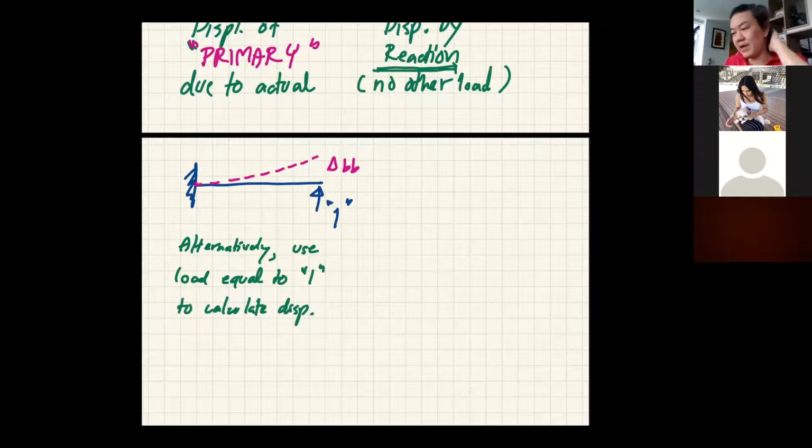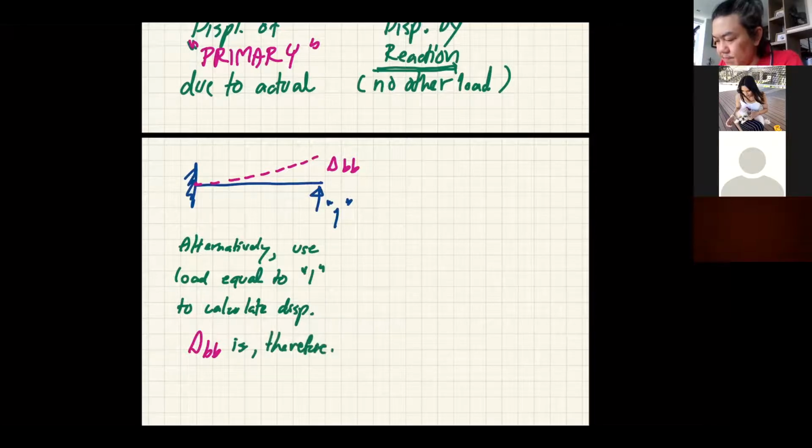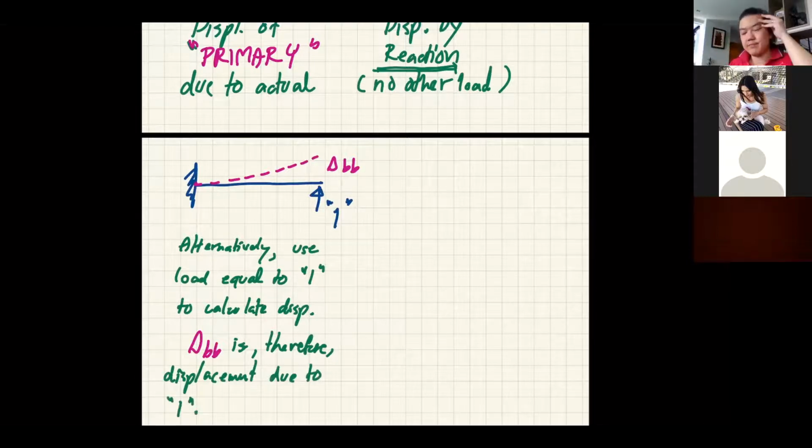And so delta BB is therefore the displacement due to unit load, right?